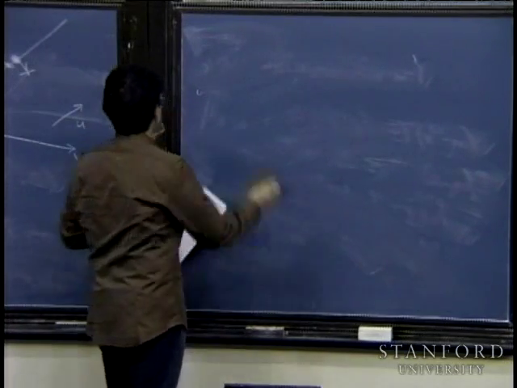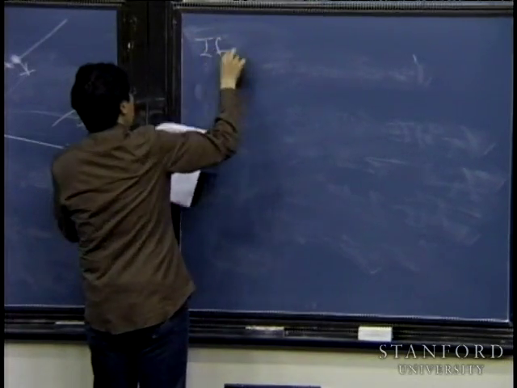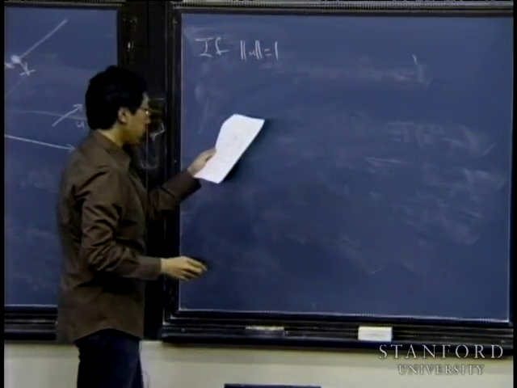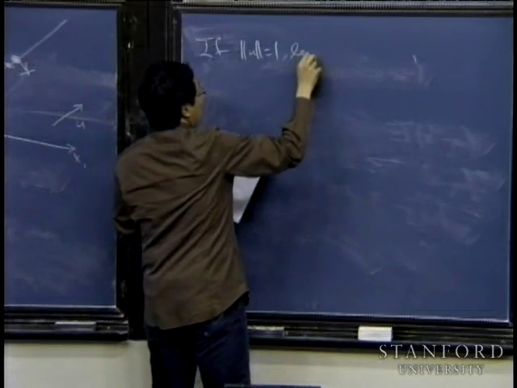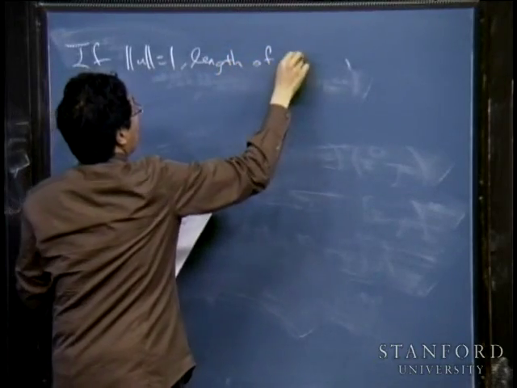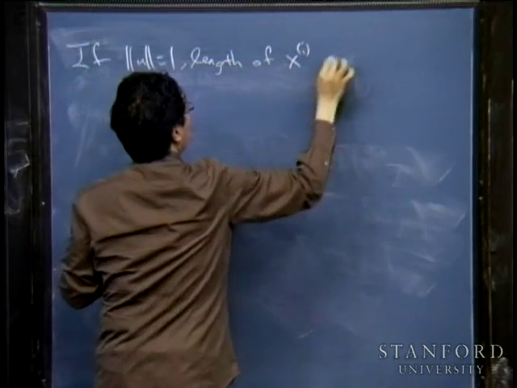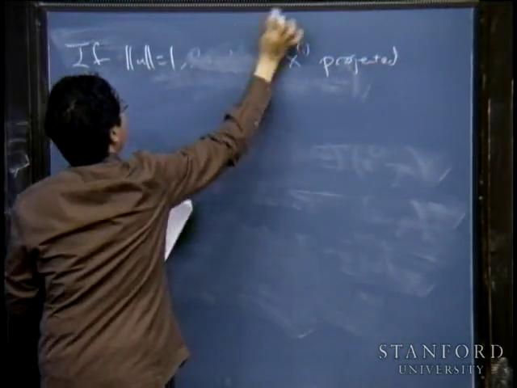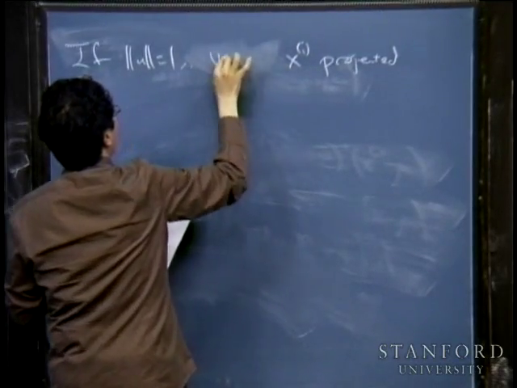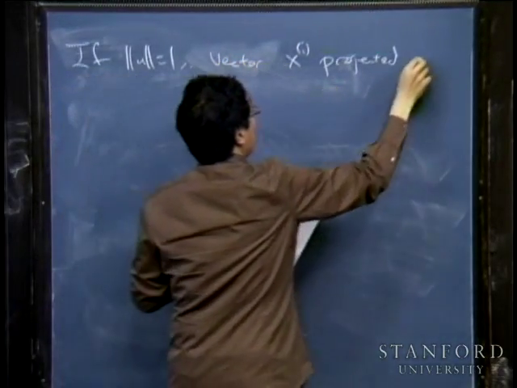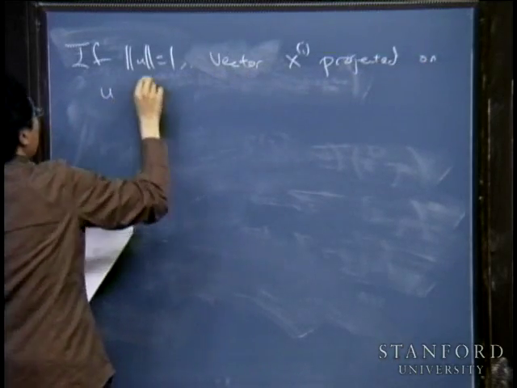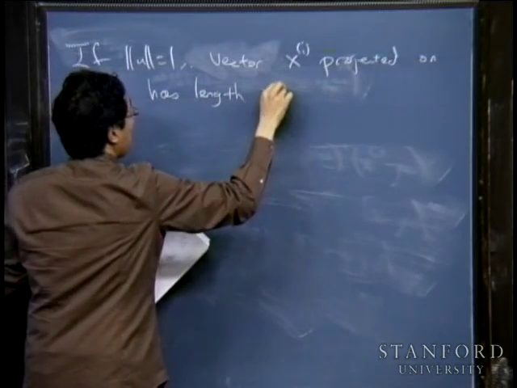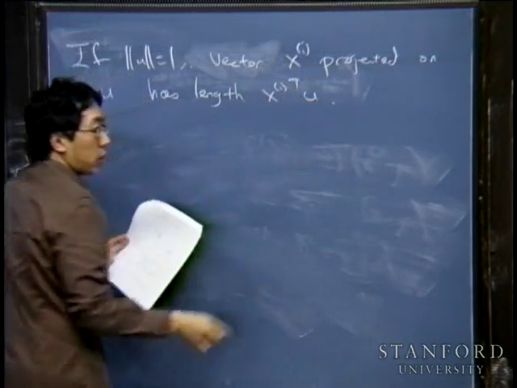So I want to find the direction u, and just as a reminder, if I have a vector u of norm 1, then a vector xi projected onto u has length xi transpose u, right?